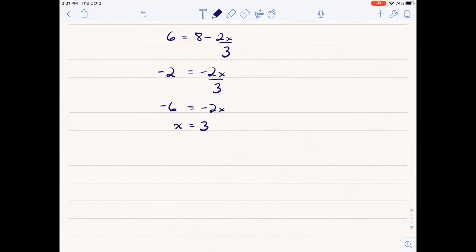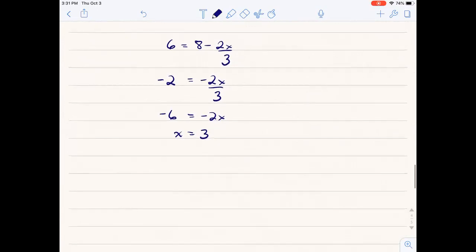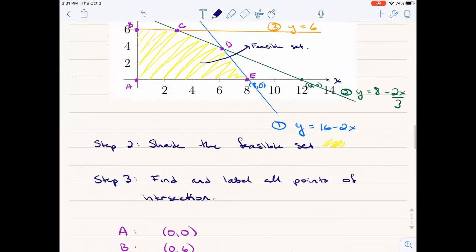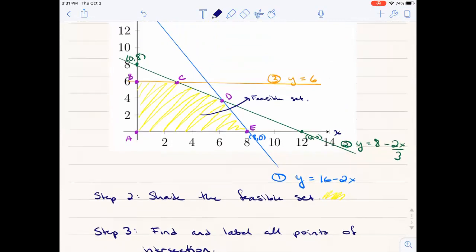Wait, so I can just use the line equation for that, right? To find that answer too? Well, you can confirm that it looks reasonable that x equals 3, which it does, right? But the answer might be something like 3.2, and we can't see that, right? So that's why you have to solve it mathematically to find it. You can't use the graph to say, oh, it's at 3.